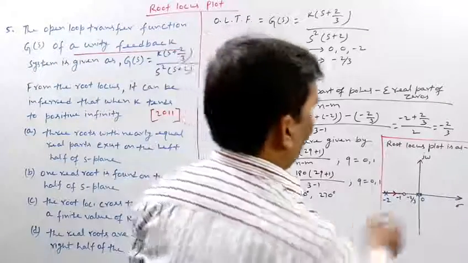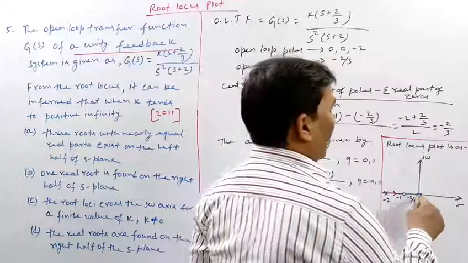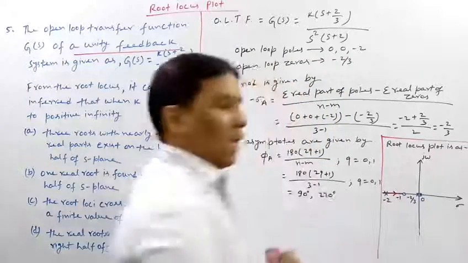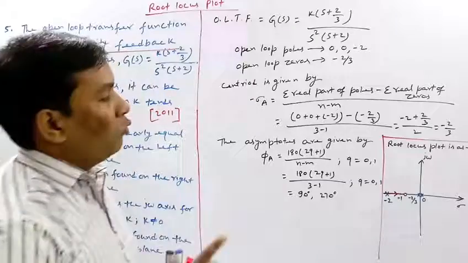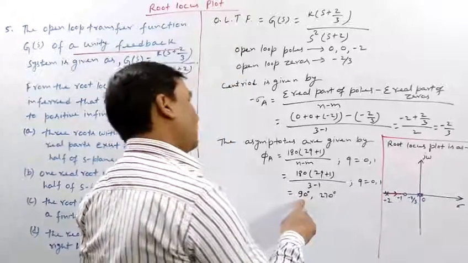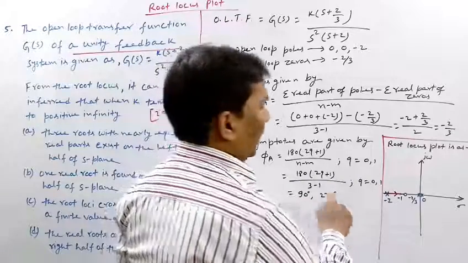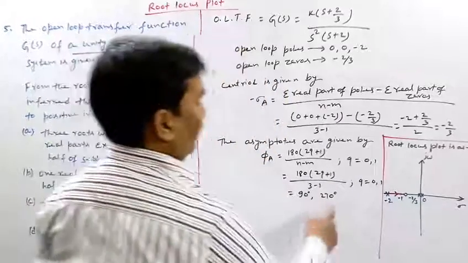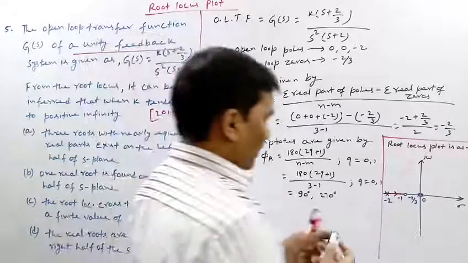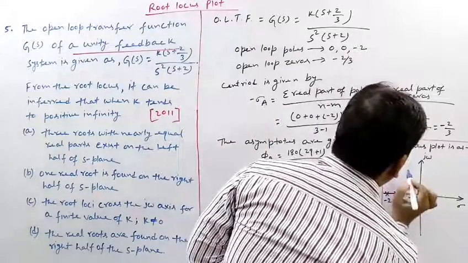Now what will happen for these 2 poles? As I have told, there will be 2 asymptotes. One asymptote will be along 90 degrees and the other asymptote will be along 270 degrees. So let me denote the asymptotes first. Asymptotes will be like this.